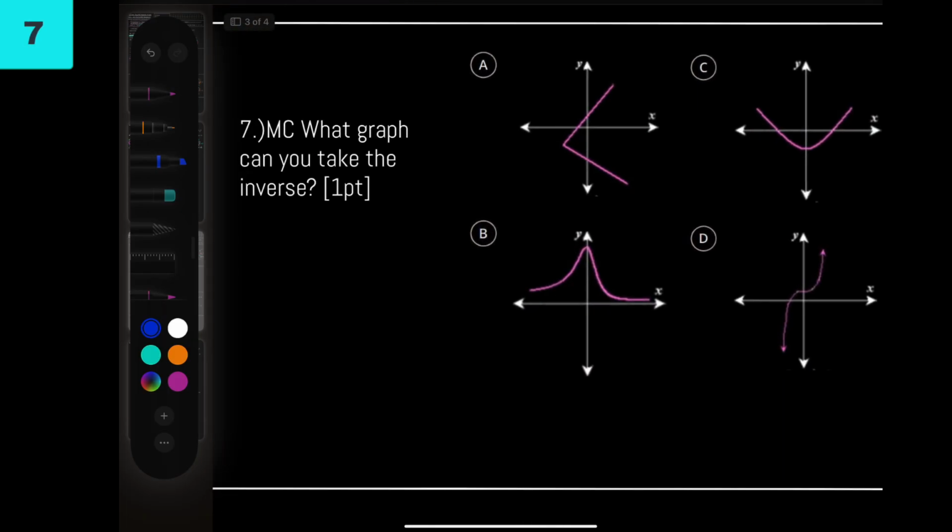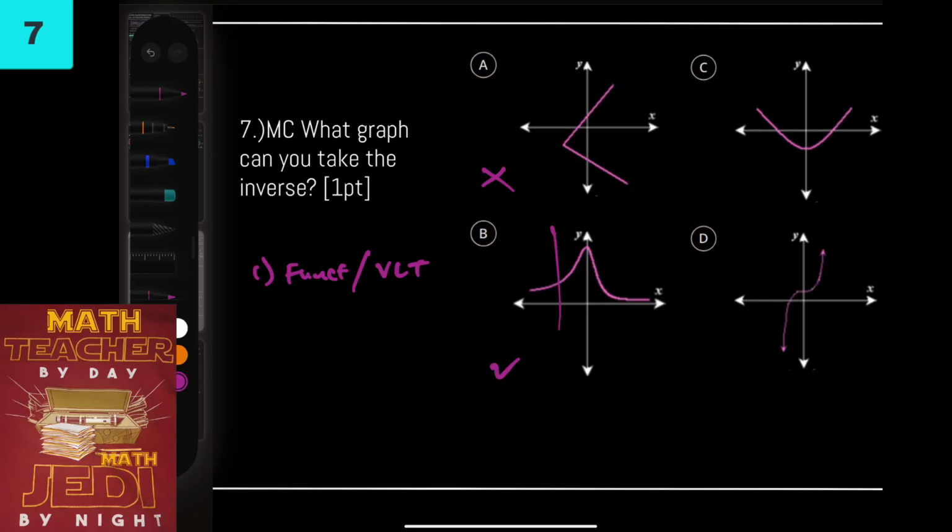Okay, which graph can you take the inverse of? To do that, you'll first have to be a function, and to be a function you have to pass the vertical line test. So in pink, this one does not pass the vertical line test. This one does, right? Goes through 1 point, that one goes through 2, passes.